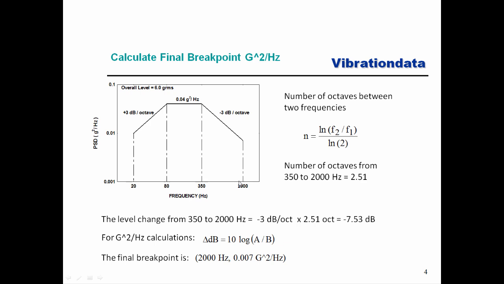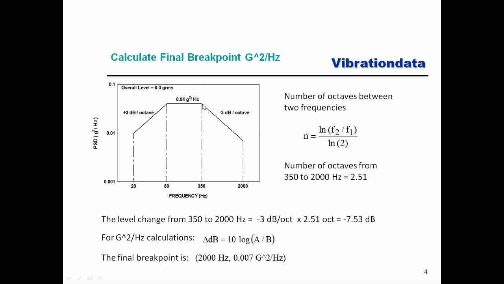You should recall from a previous sine sweep unit that if we take the natural logarithm of the upper frequency divided by the lower frequency, and divide by the natural logarithm of 2, that's the number of octaves. So from 350 to 2000 Hertz, there are 2.51 octaves. And just as a review, an octave means a doubling of frequency.